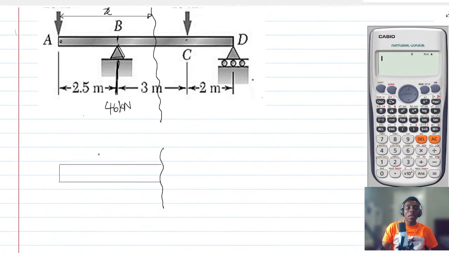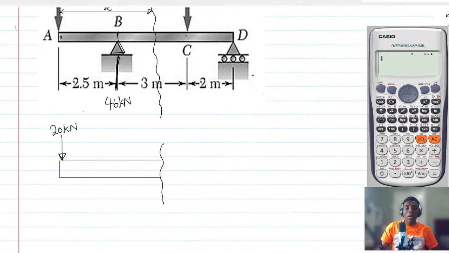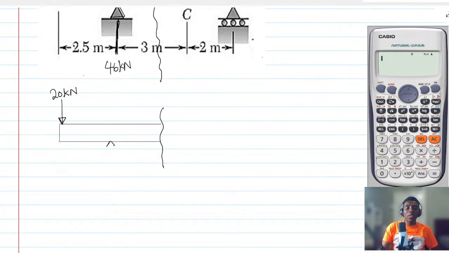Then from here you have your 20 kilonewton here, okay, and then there is a certain 46 here. Now the distance from here all the way up to this point is X.